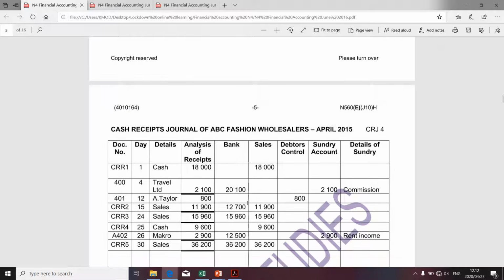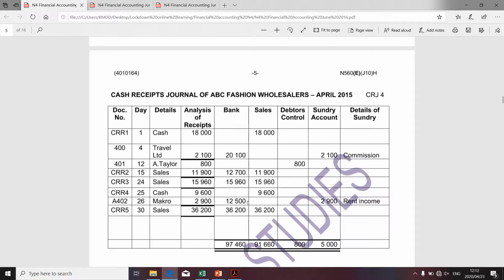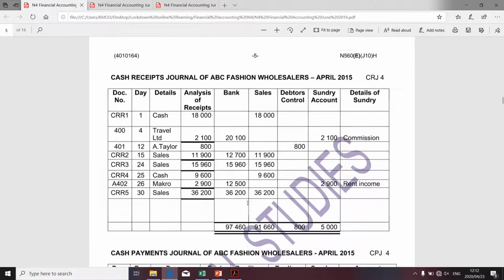Candidates were also provided with a cash receipt journal of ABC Fashion Wholesalers for the month of April 2015. The cash receipt journal, CRJ, has already been prepared by the bookkeeper. However, candidates were required to update the CRJ with amounts that appear on the bank statement but that were not taken into account in preparation of the cash receipt journal for April 2015.